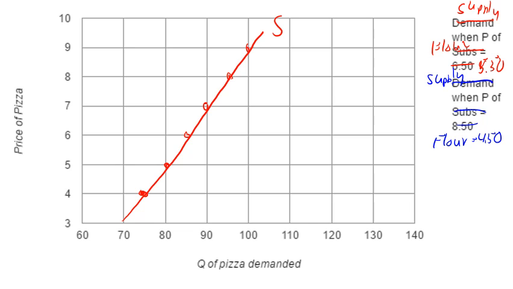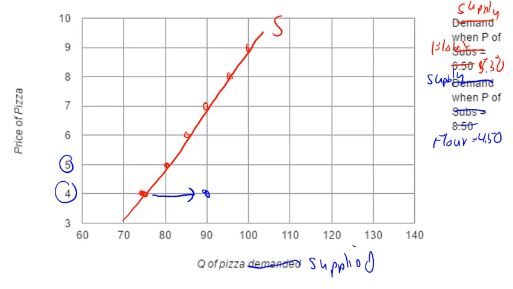When the price of pizza is 4 and the price of flour is $4.50, the quantity supplied of pizza is equal to 90. The quantity supplied is 15 higher at the lower price of flour when the price of pizza remains constant.